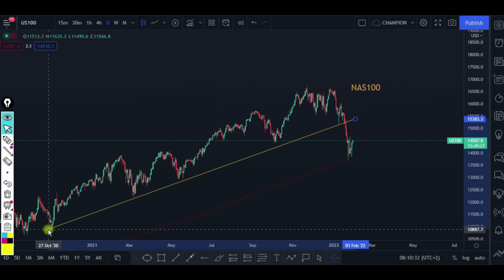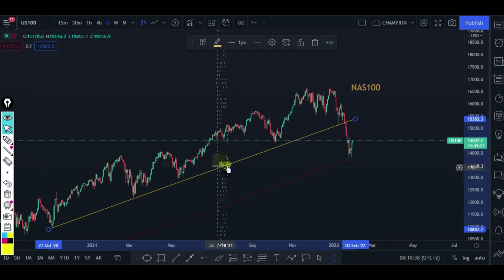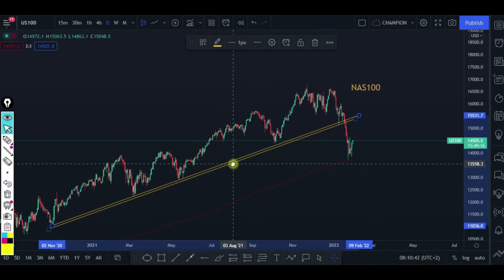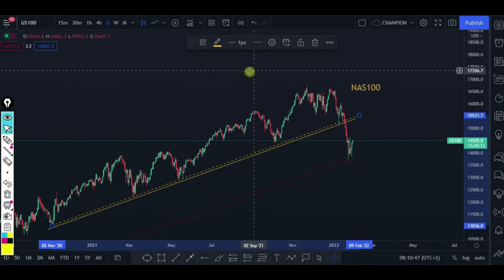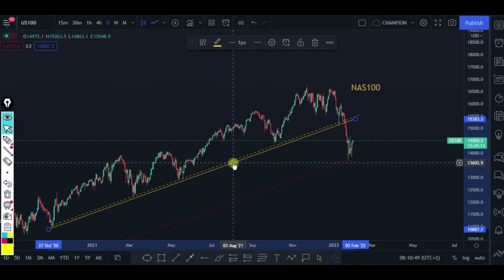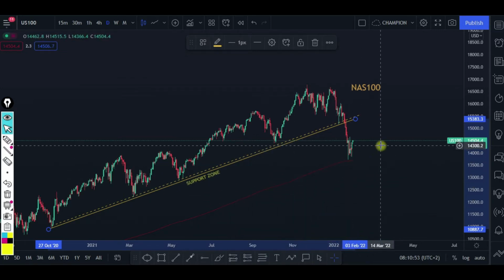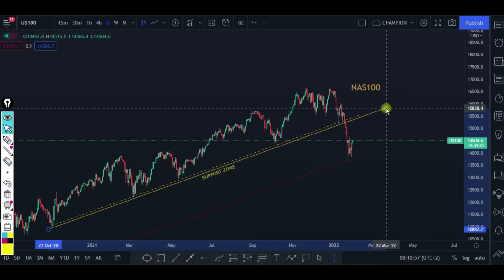So what we can do at the moment is make this overall trend line, so we can remember that it's a support zone. Let's label it as our support zone.